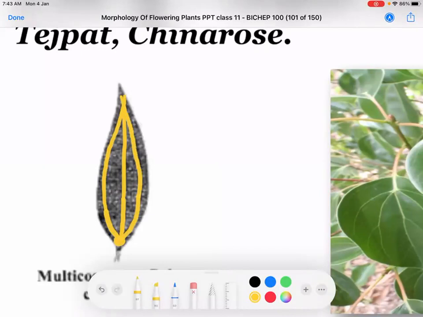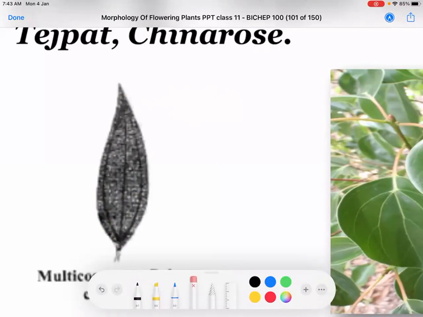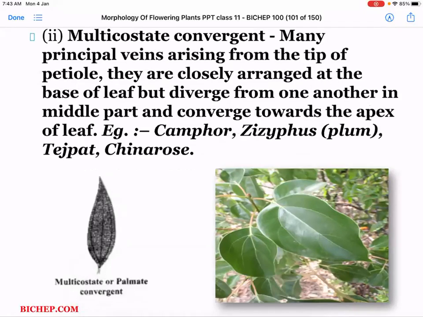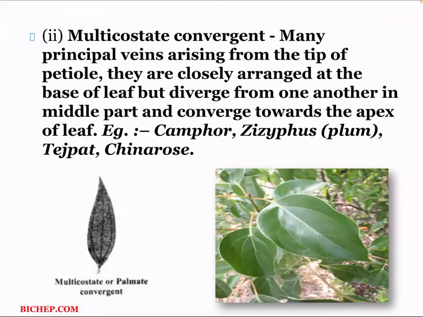Ready? So, this is the point where they are merging. That is why they are convergent, not divergent. Examples are camphor, Ziziphus, that is plum, Tejpatta, China rose, etc. And take the screenshot, please.